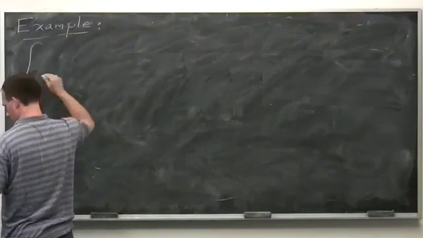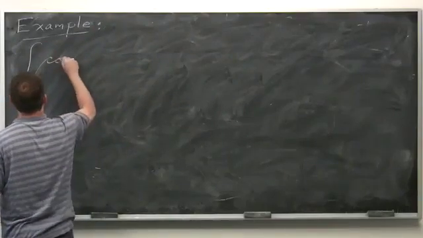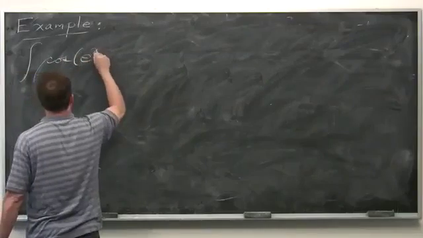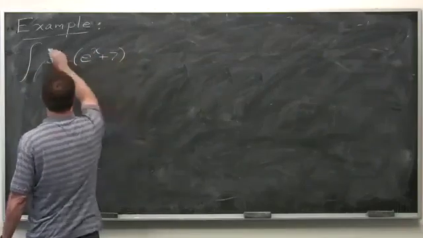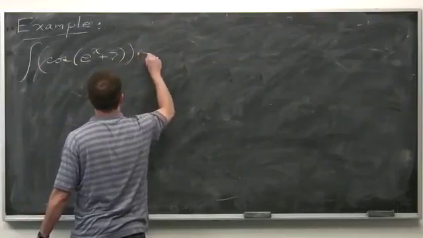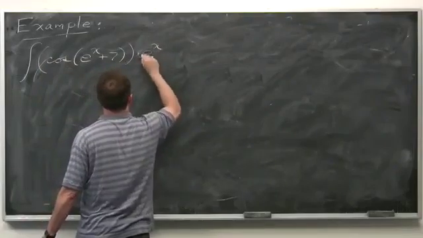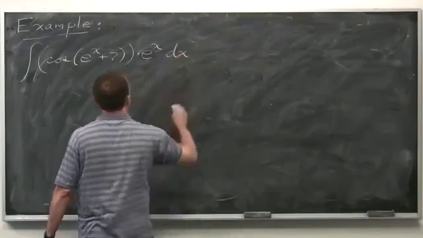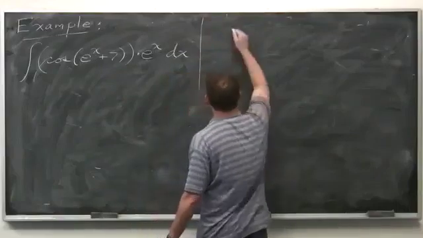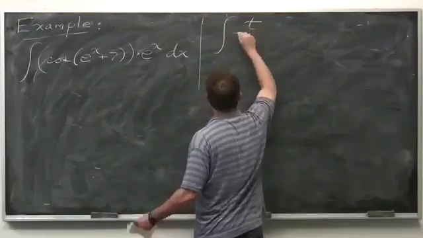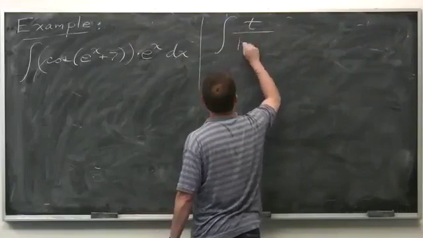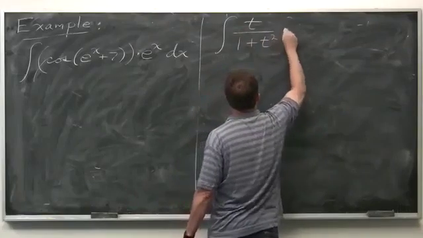We'll do two of them side by side. The integral of cosine of e to the x plus 7, times e to the x dx. And then another one, the antiderivative of t over 1 plus t squared dt.